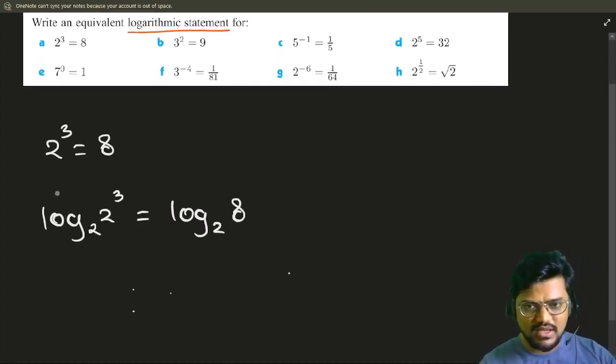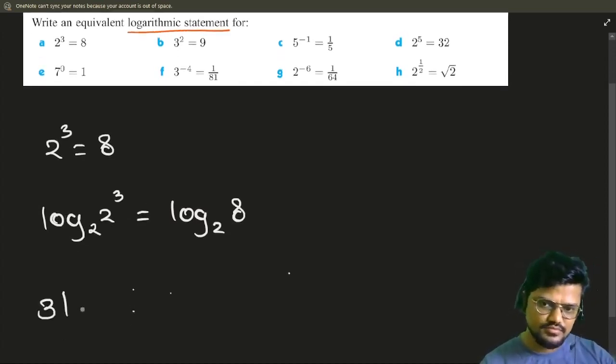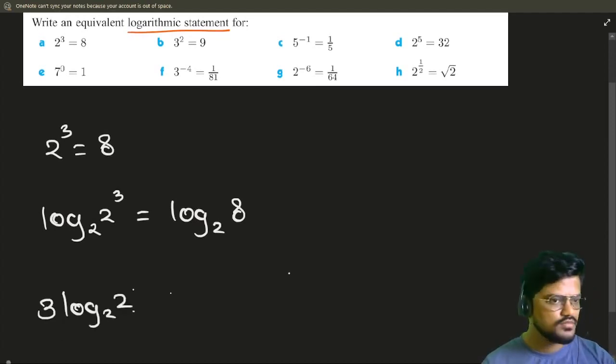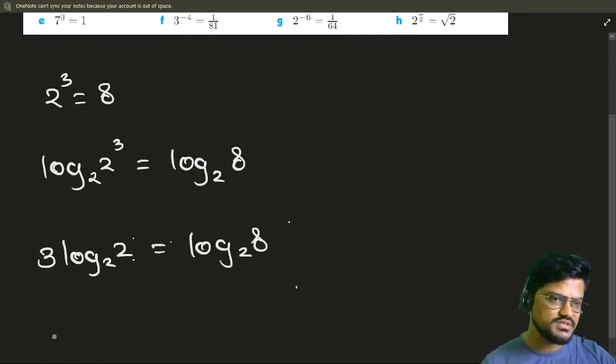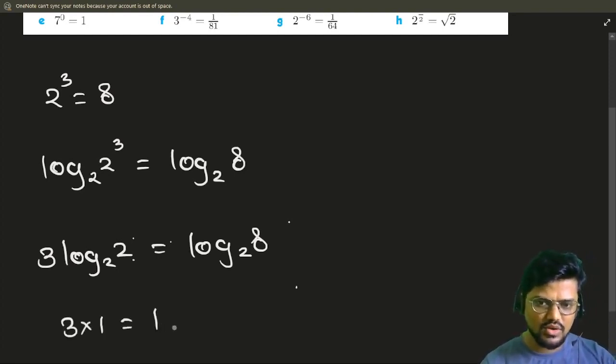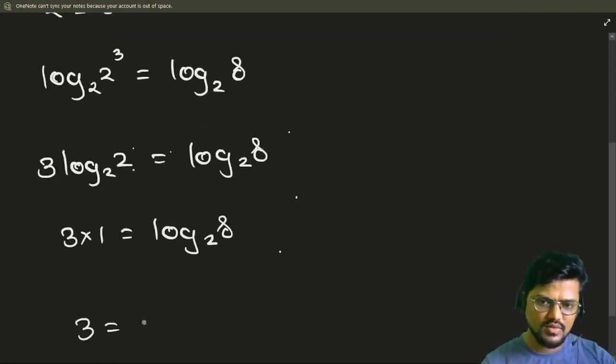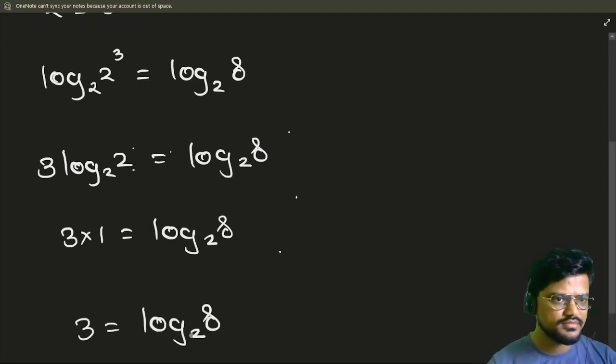Now, this 3 can be taken backside. Now, log 2 to the base 2 is 1. So that is 3 into 1 equals log of 8 to the base of 2. Finally, it is 3 equals log of 8 to the base 2. Got it?